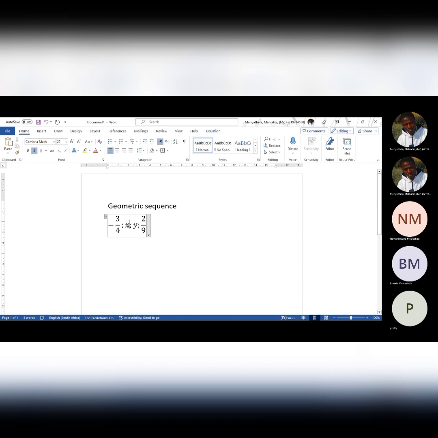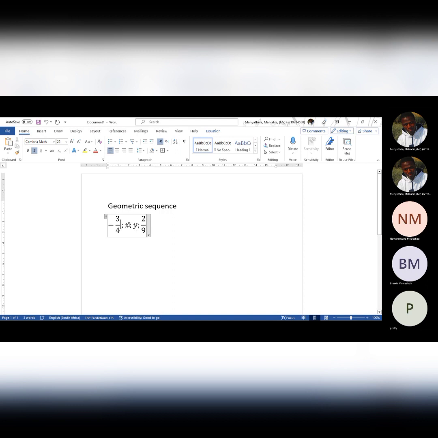We take the second term and multiply by the ratio. In arithmetic we add a common difference, but in geometric we multiply by the common ratio.